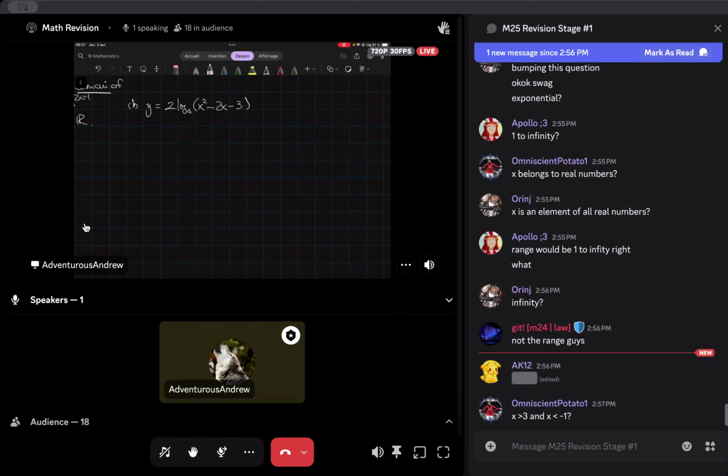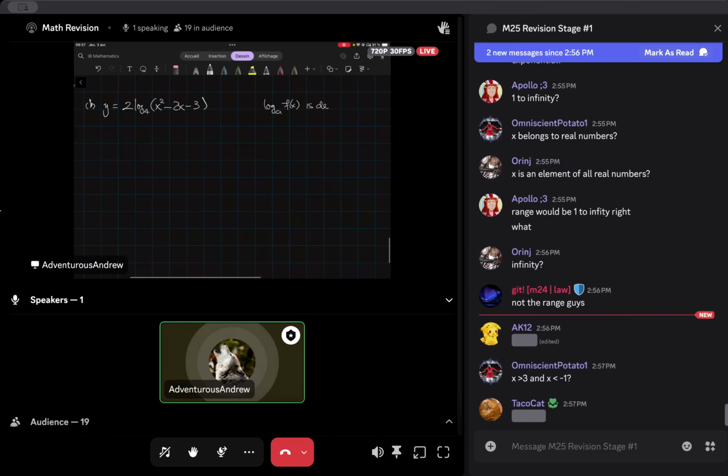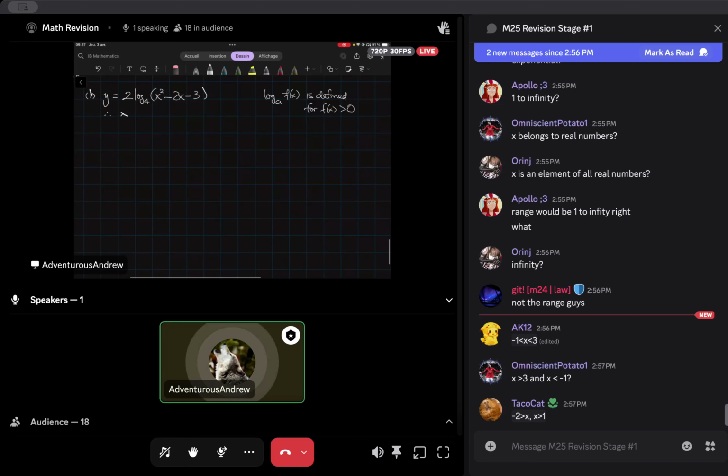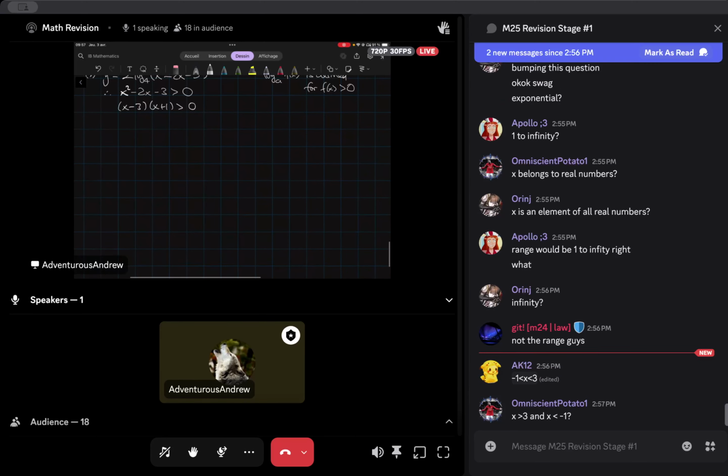Doesn't matter what the base is, as long as it's a number. This guy is only defined for f of x greater than 0. So that means that x squared minus 2x minus 3 has to be strictly positive. So x is less than -1 or x is greater than 3. And I hope that my colleagues last time has already covered quadratics in more detail. So this should be a lot more manageable.